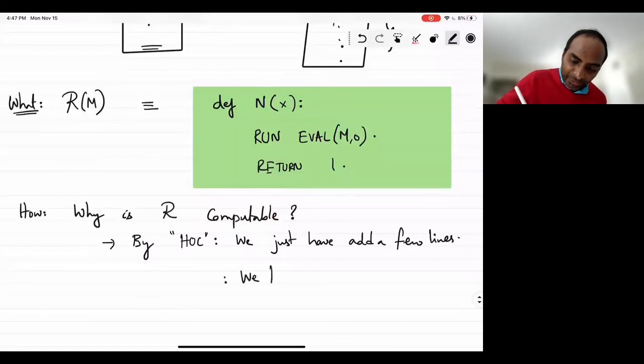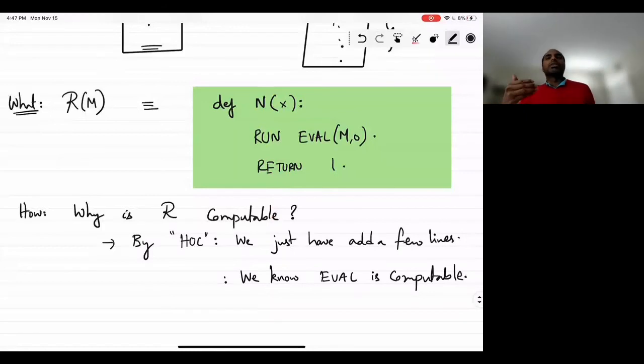And we know eval is computable. So there is a succinct program, a universal Turing machine, which can compute eval. So somehow that's what allows us to make sure that R is computable.